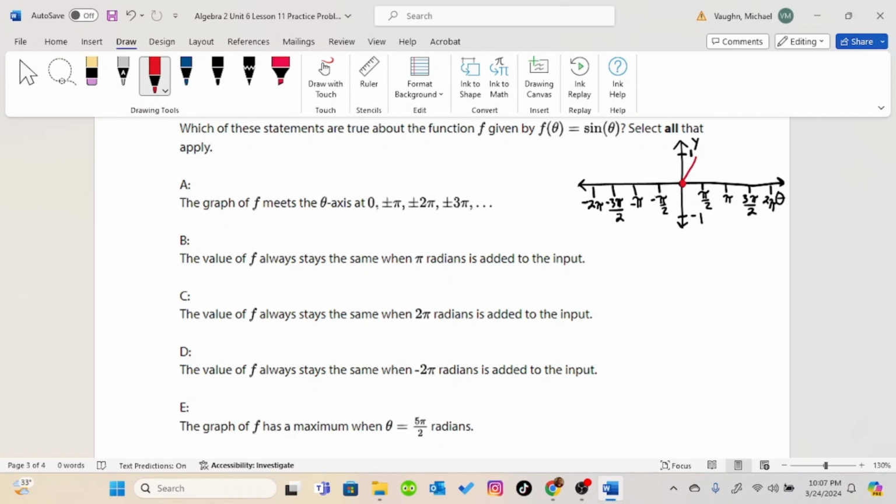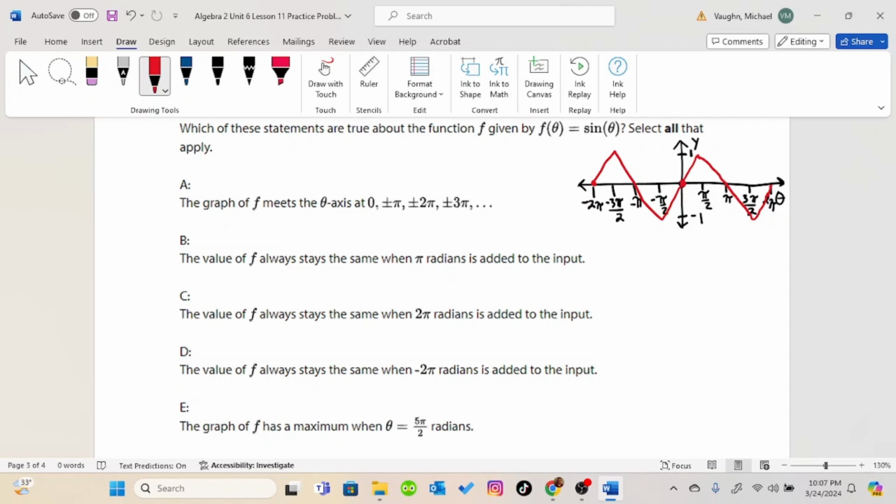It goes up until we're at 1 at pi over 2. We come back down to 0 at pi, down to negative 1 at 3 pi over 2, and back up to 0 at 2 pi. And then we do the opposite in the other direction. So down, back up to 0, up to 1, and then back down. So this is the graph they're talking about.